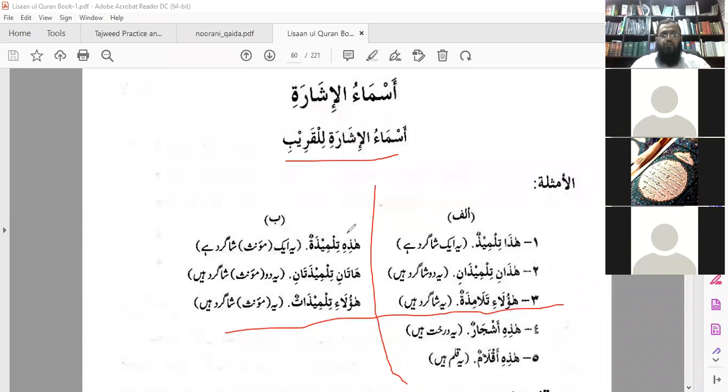But when we come to some nouns, like you can see over here, there is a noun hadha, hadhi, haulai. Then we'll go again to Asma'ul Isharati lil Ba'id.